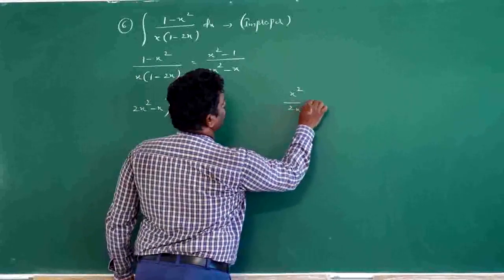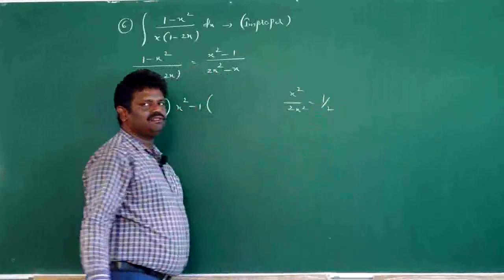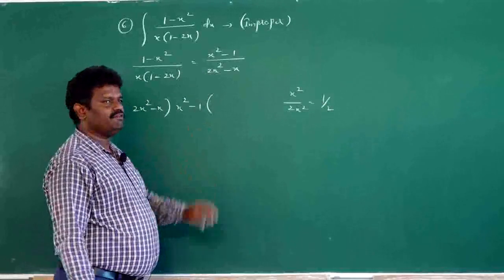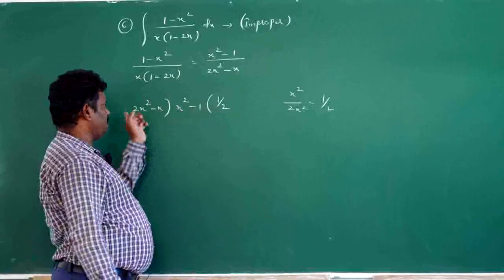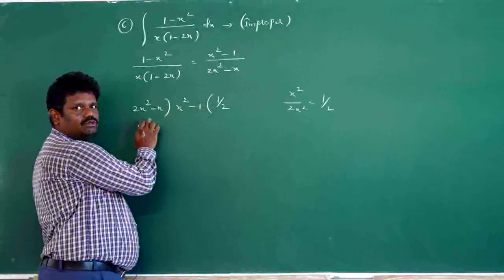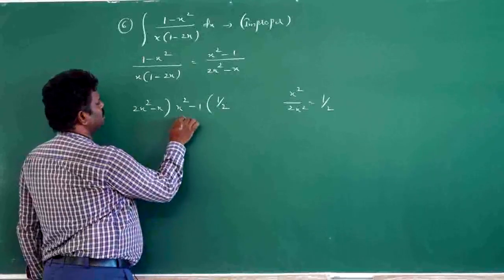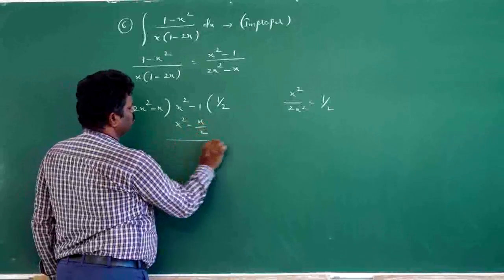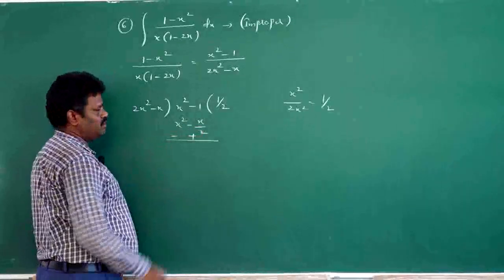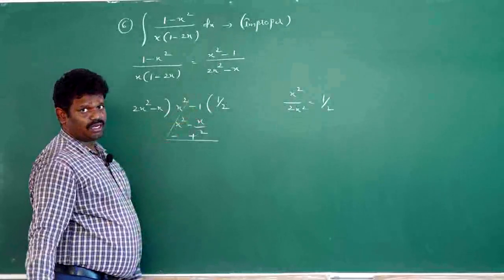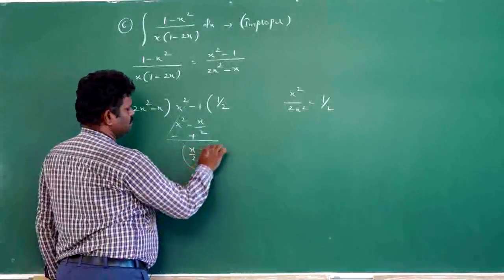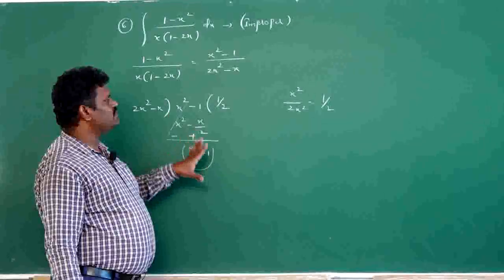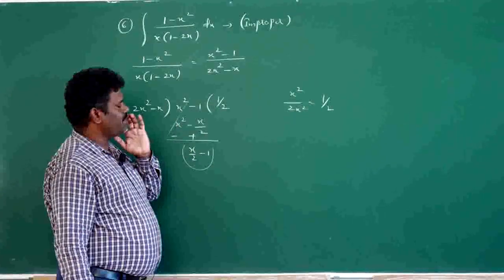After cancellation that value is 1 by 2, which we write in the quotient. Now multiplying with this term, 1 by 2 into 2x square - x, gives x square - x by 2. Changing signs, these two cancel. The next value is x by 2 - 1. This is the division algorithm we applied, and we found this.